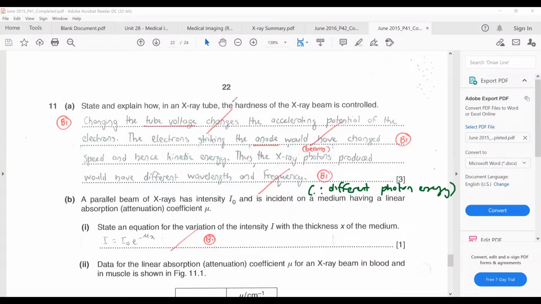The keywords were these: you change the voltage. The electrons striking the anode would have changed speed and hence kinetic energy. Hence the X-rays produced... Wait, I think maybe you have to change this a little.